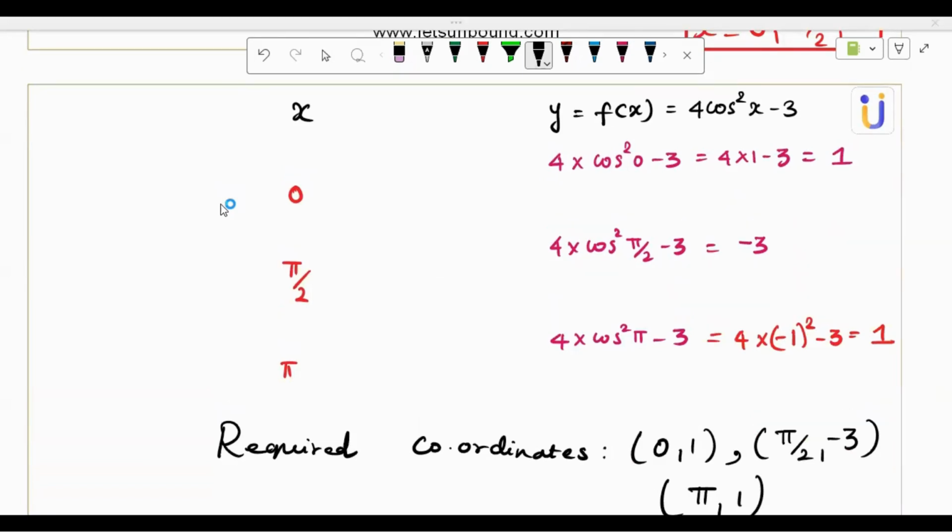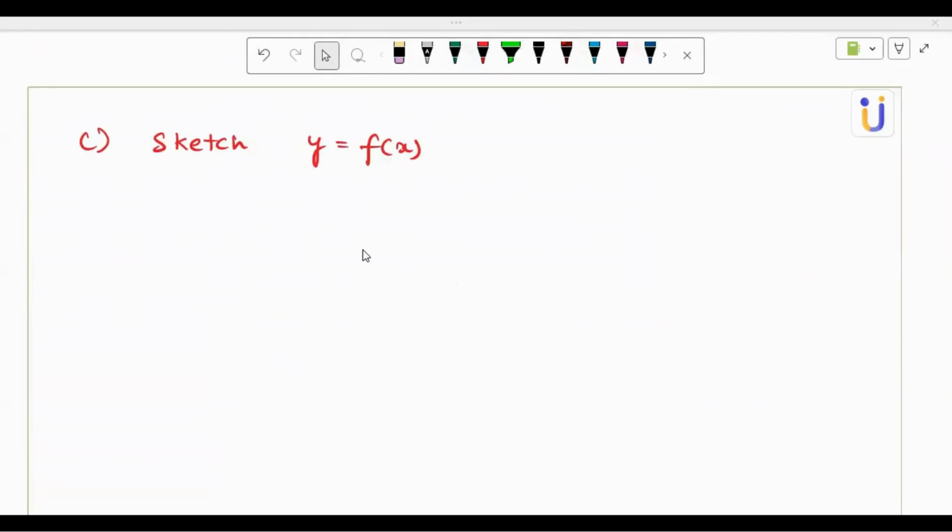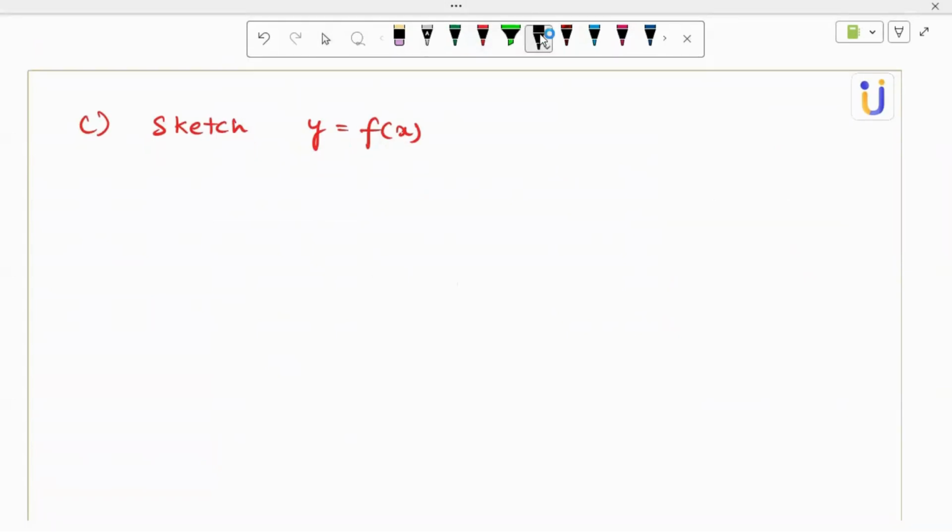That's simple. And let's get into the last part. Sketch y is equal to f of x, and we have to clearly show the coordinates of any point where f dash of x is 0 and any points where the graph meets the coordinate axis. Okay, so these two conditions.